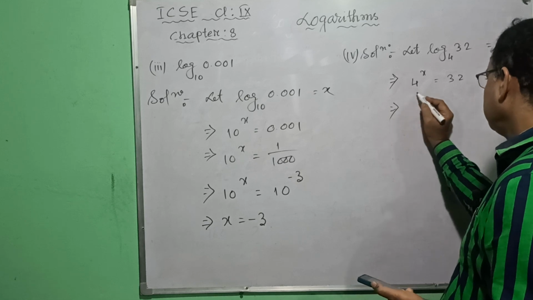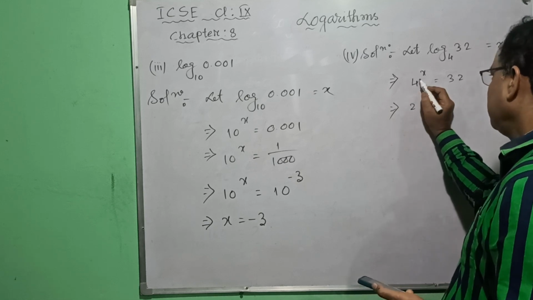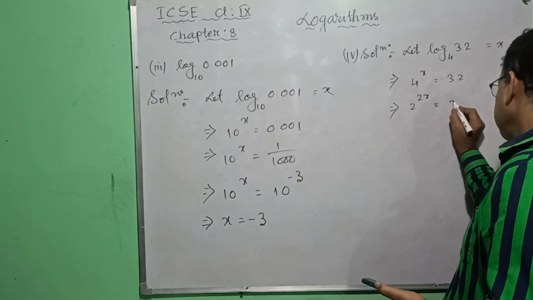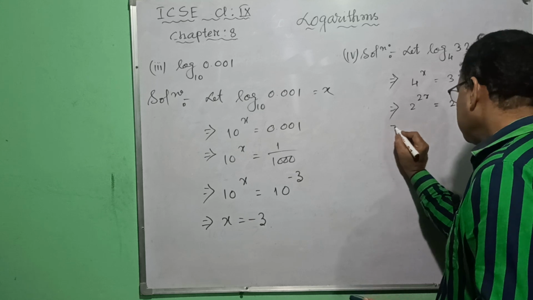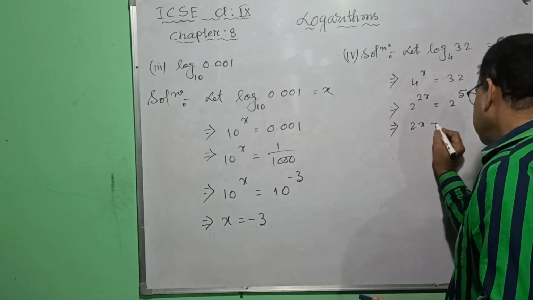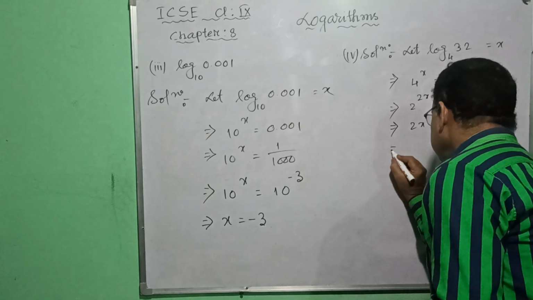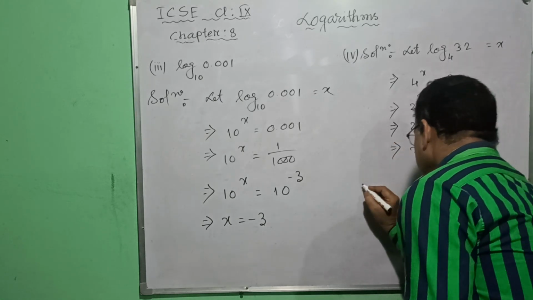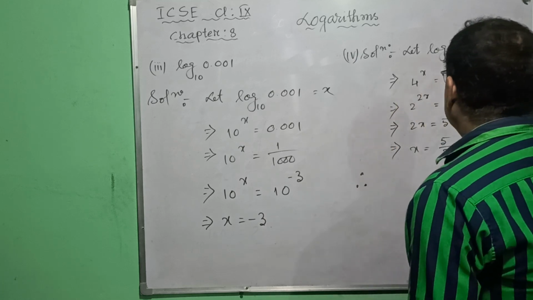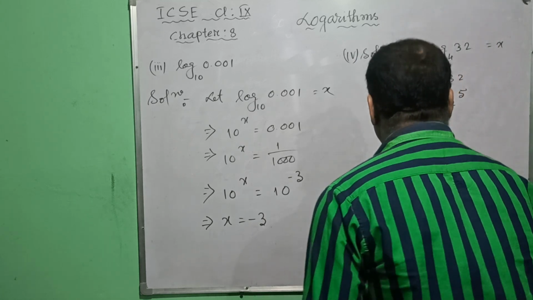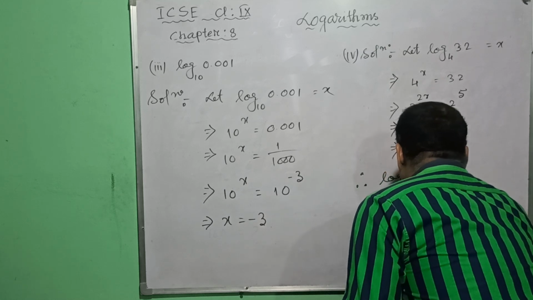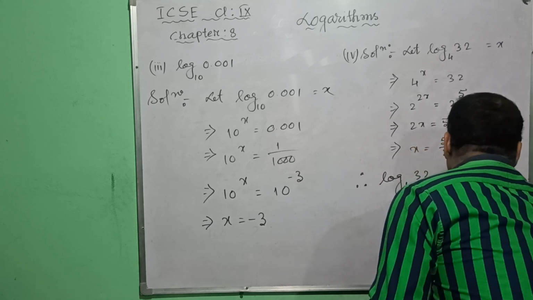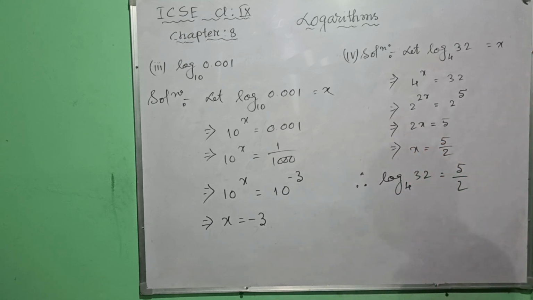This implies 4 we can write as 2 square, and these 2 will multiply with x. So 2 to the power 2x equal to 32, which is 2 to the power 5. So we can write 2x equal to 5. This implies x equal to 5 by 2. Therefore, log 32 at base 4 equal to 5 by 2. So this is the answer.